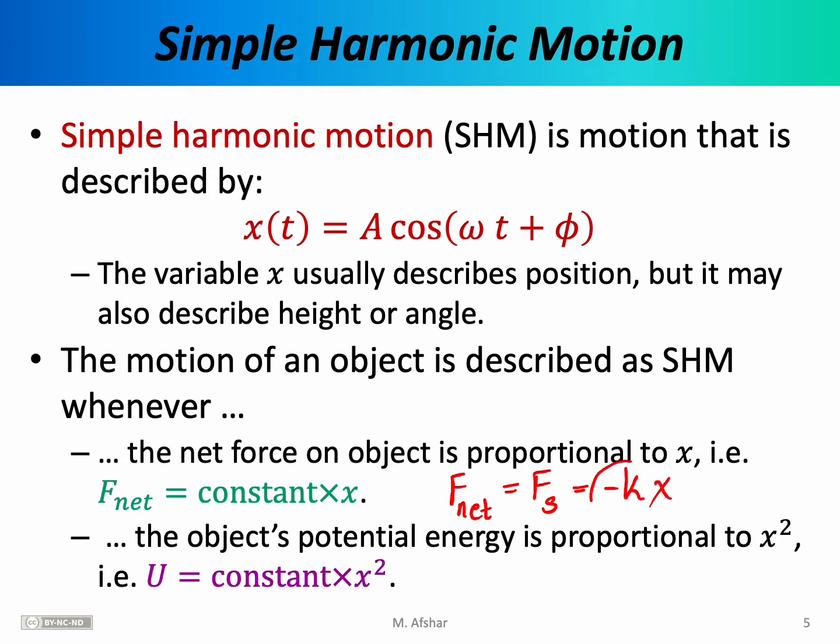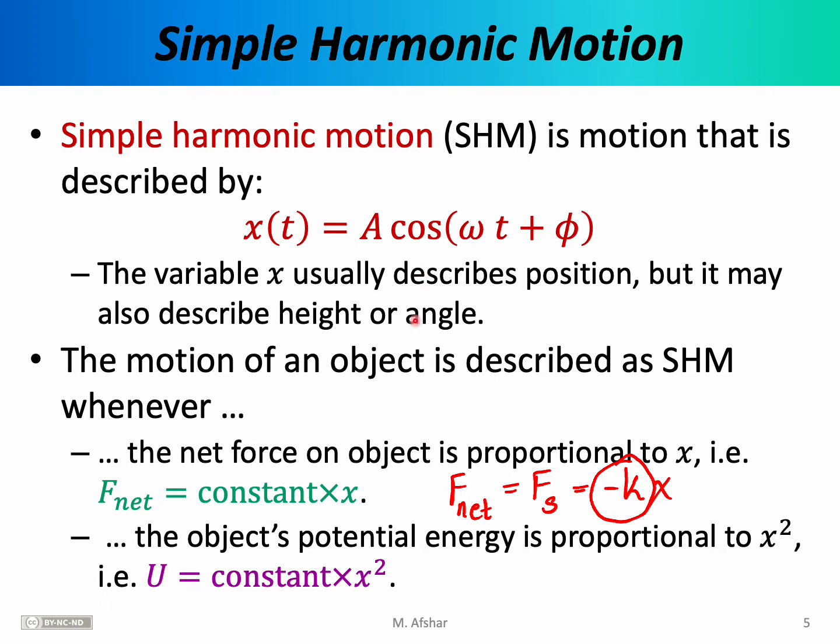You can see what we have here is some constant times x. Whenever you have a system where the net force on that system is proportional to x or is equal to some constant times x, you end up having simple harmonic motion. You end up having motion that can be described by this function.